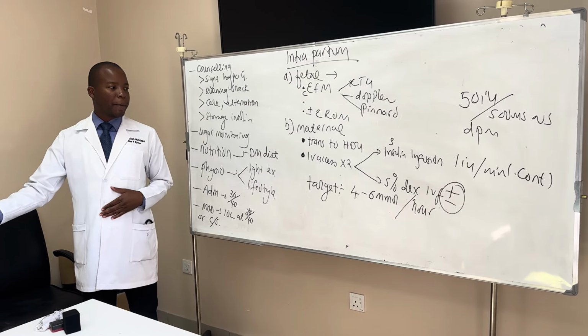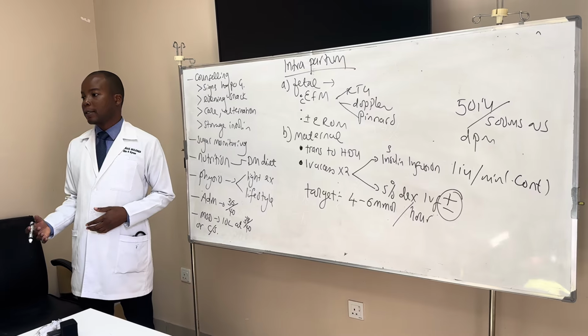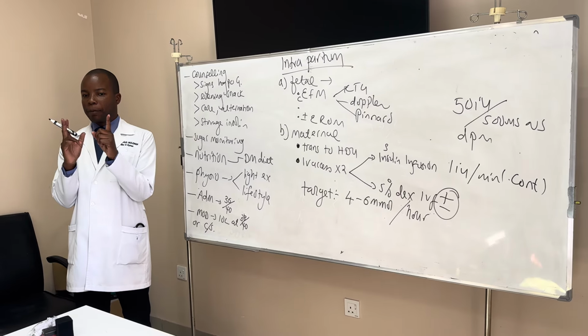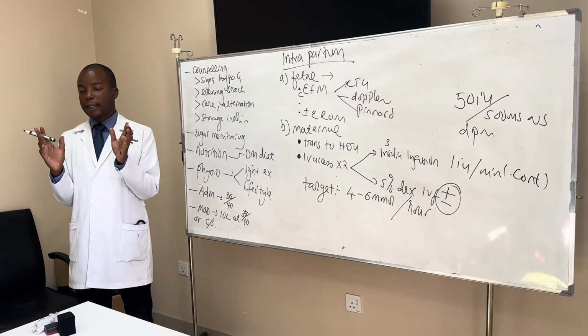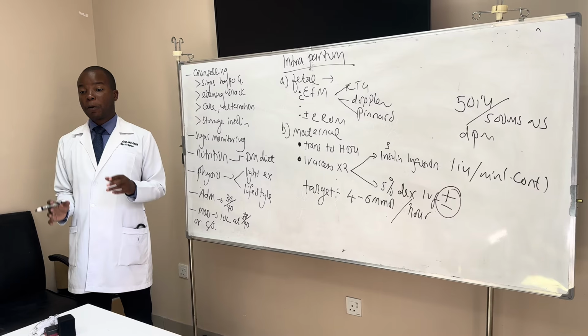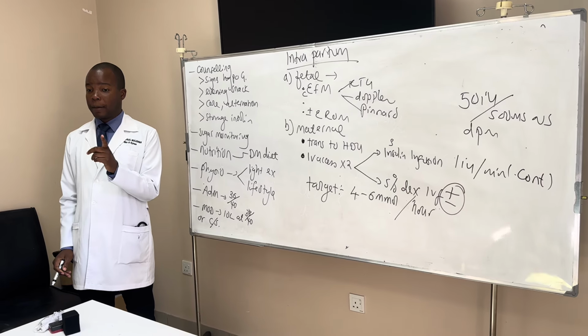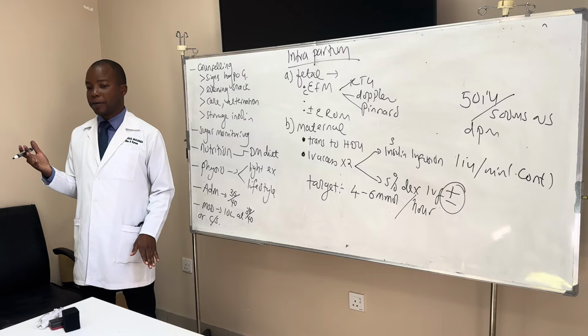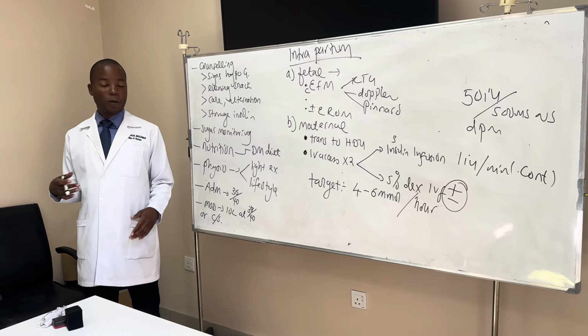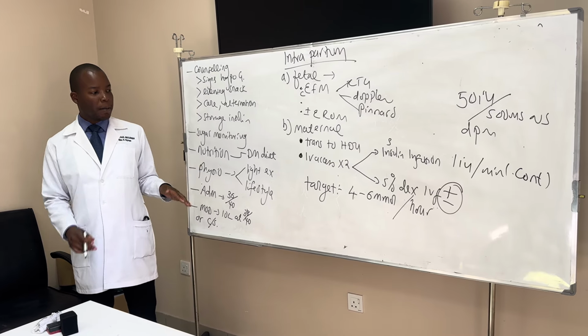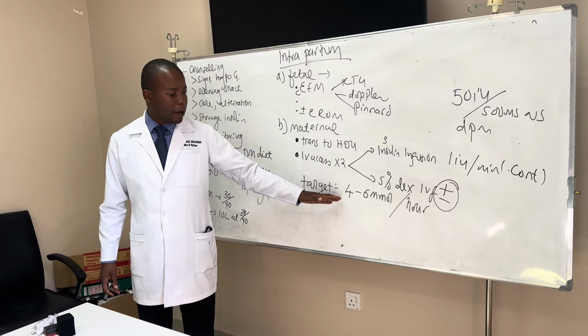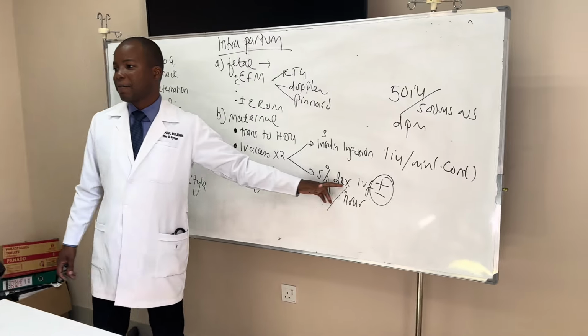Somebody's in the intrapartum phase. They are in labor, for instance. Then your sugar should be between 4 and 6. This is called tight control, because you can lose the baby even in intrapartum. The sugar just rises and you get an IUFD. So you avoid that by making sure you are within range. Meaning that if you check after 1 hour and the sugar is 2.5, you run the 5%.